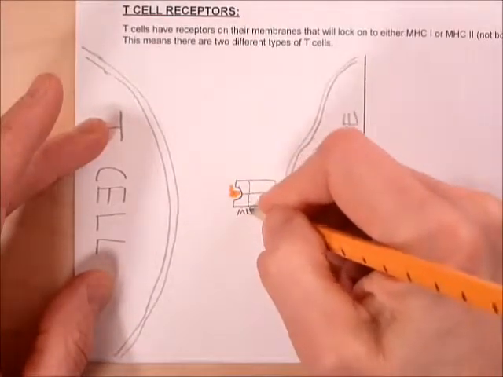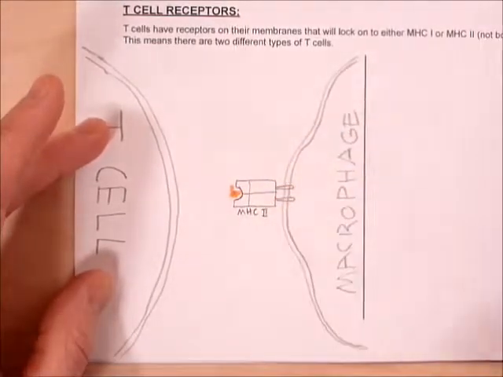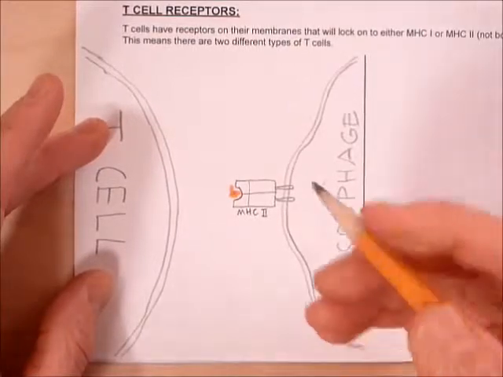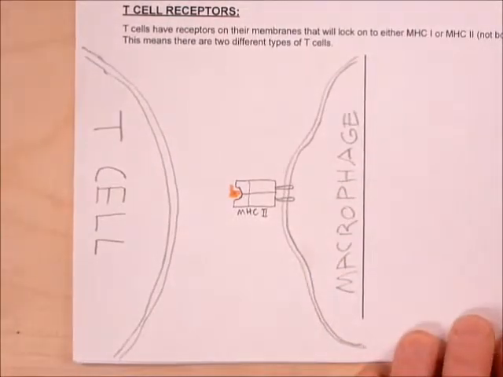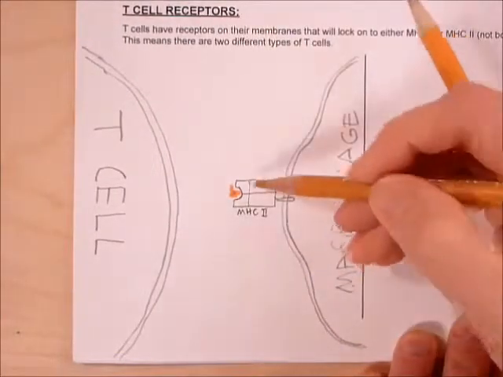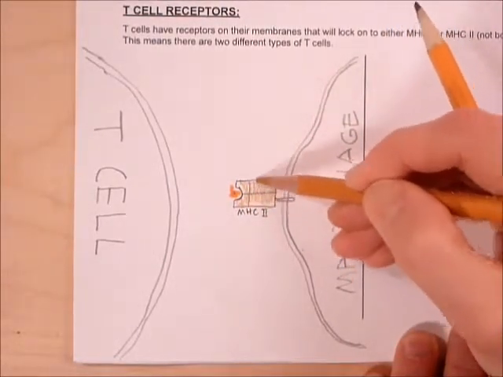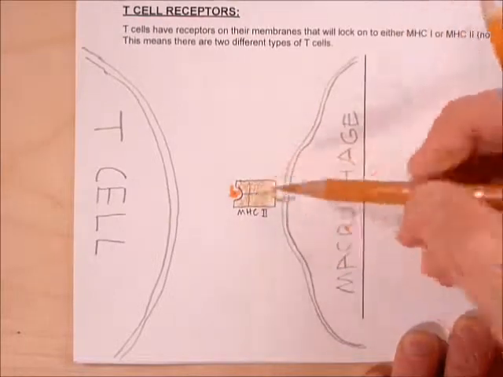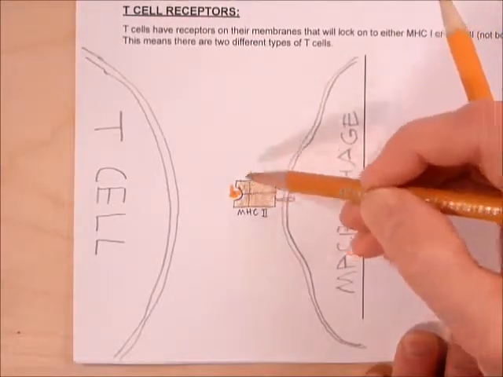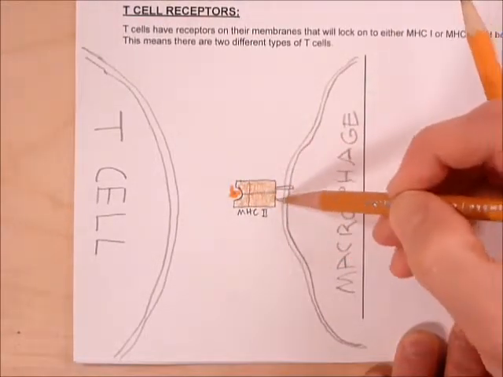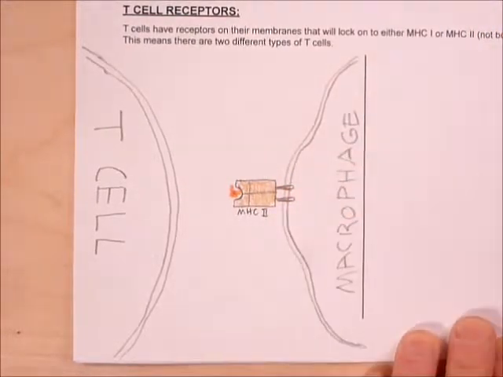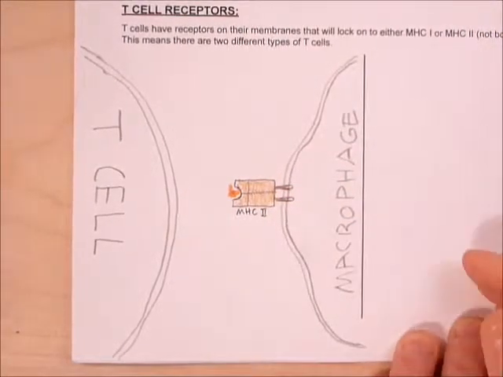This is MHC2. And if you want to, you don't have to, make it a little color, just make it something light. Sometimes they show these as different colors to emphasize that there's 4 proteins joined together, but you don't have to.